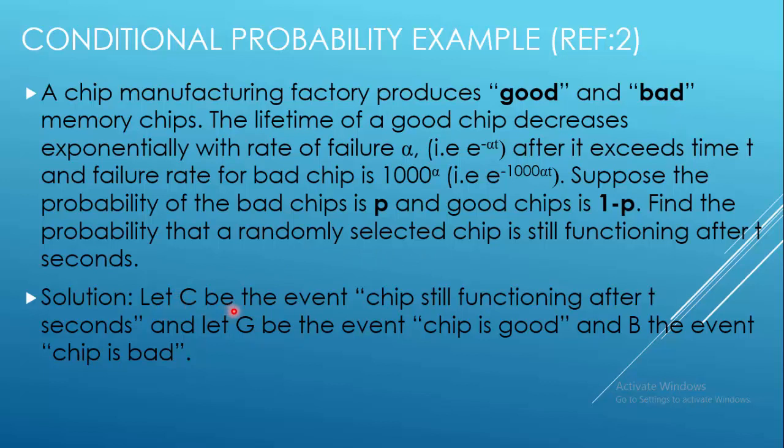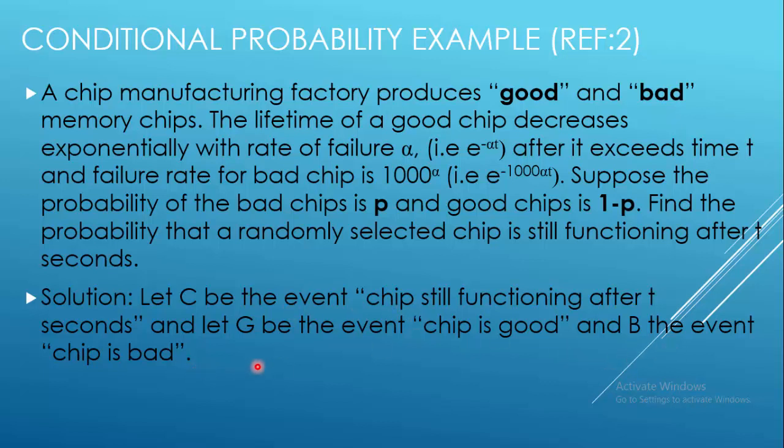So let's see the event: chip still functioning after t seconds. Let G be the event chip is good and B the event chip is bad.